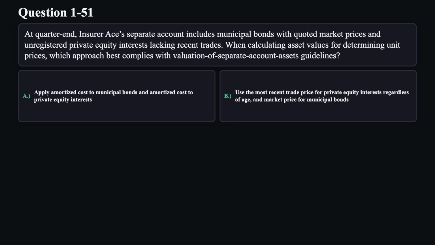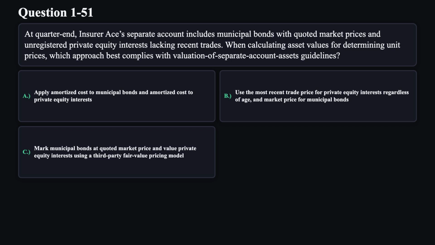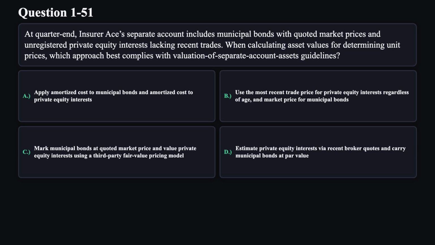B. Use the most recent trade price for private equity interests regardless of age and market price for municipal bonds. C. Mark municipal bonds at quoted market price and value private equity interests using a third-party fair value pricing model. D. Estimate private equity interests via recent broker quotes and carry municipal bonds at par value.